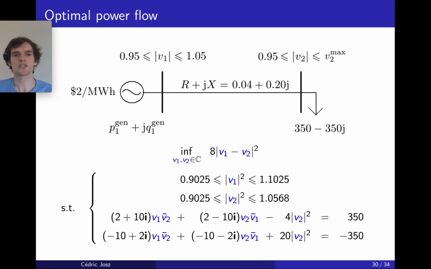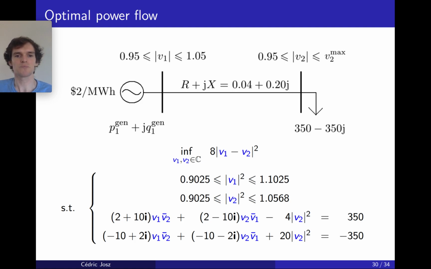And as I said, you can view your variables as just being the voltages at those two buses. They need to be plus or minus 5% around this nominal value, which is called per unit, but we can view it as the magnitude of these voltages having to be around 1.